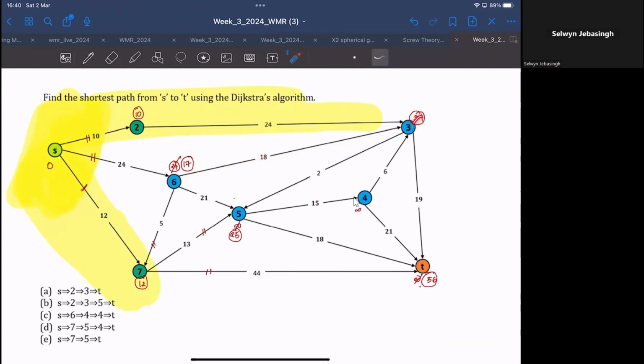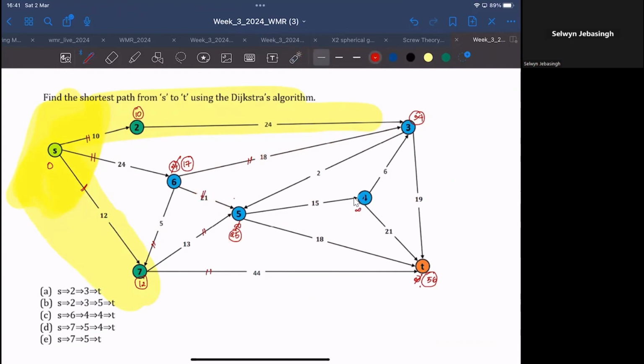So you don't have to replace 34 with a higher value. So you can consider this to be expanded because you can't go along that way. If you expand it along this way, that'll be 17 plus 21. That'll be obviously greater than 25. So you don't have to replace 25 again.